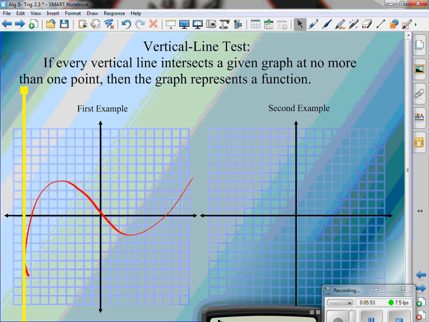If I take the vertical line, does it ever cross my graph more than once? Where? Right here? It never crosses more. Actually, down here. There. It never crosses more than once. This is a function.